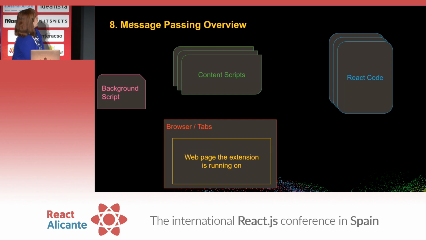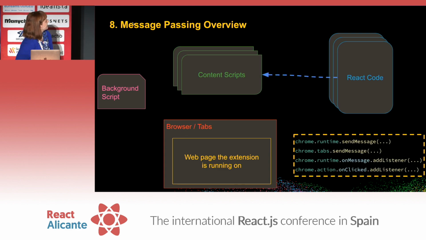So a little bit more explanation about message passing that I kept talking about. So we have background script, content scripts, React code, as well as the browser and the web page that the extension is running on. So first, sending messages looks like that. It's standard. So the React code can communicate with content scripts, can send messages to content scripts.